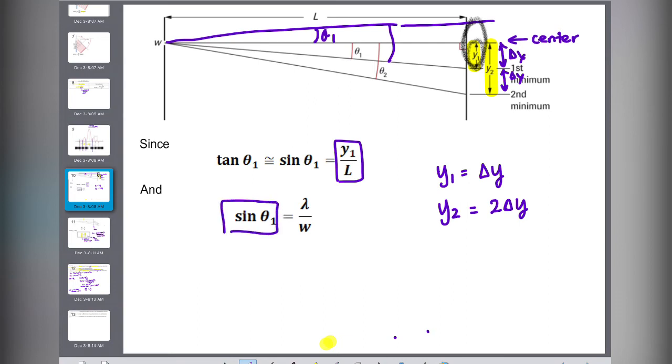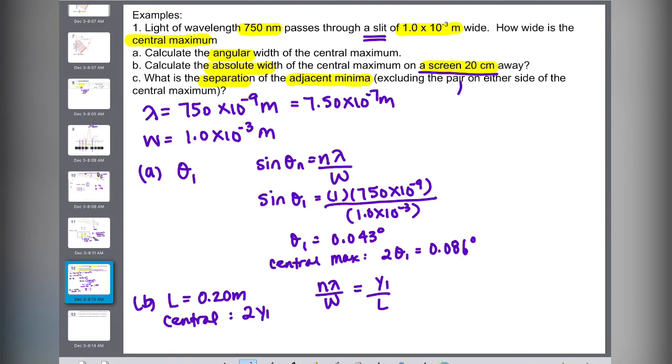That's the same thing, so that's why it's y1 over L. So 1 times lambda divided by w equals y1 over L. So 750 divided by 1 times 10 to the negative 3. Oh no, I should, yeah, and then times 0.2.